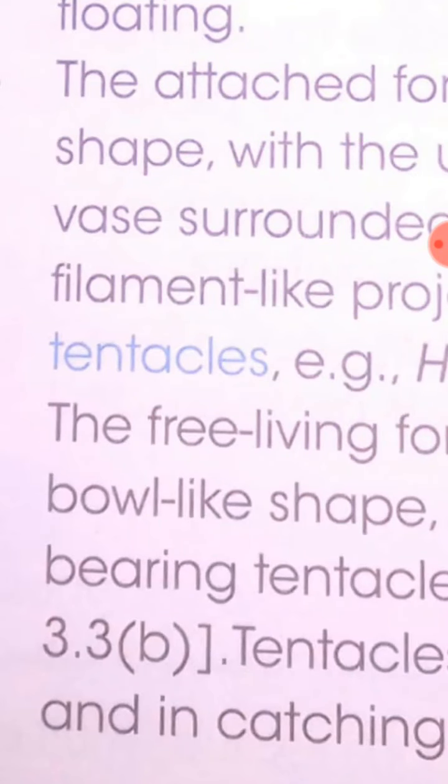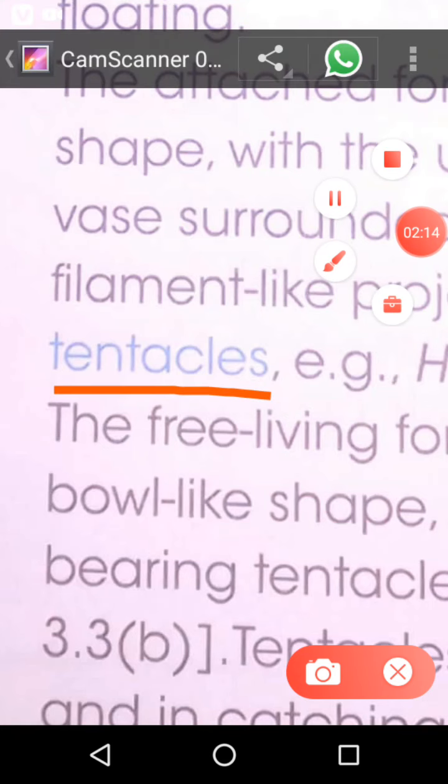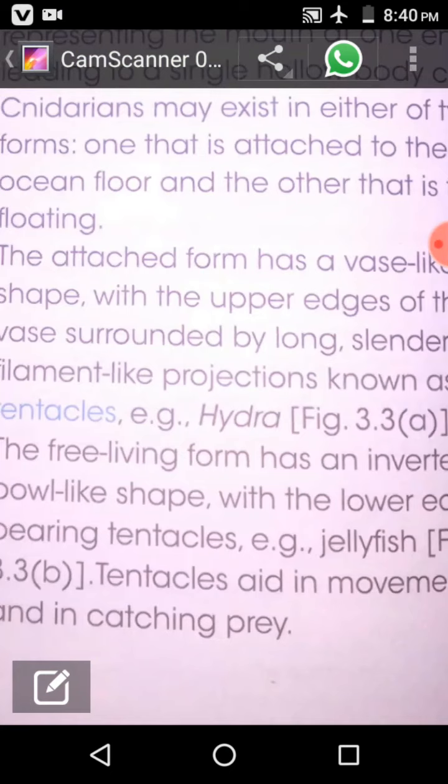Sometimes the question is asked: what is the function of tentacles, and what is the locomotory organ in case of Cnidaria or Coelenterata? The locomotory organs are those which help in movement. So the locomotory organ is the tentacles.